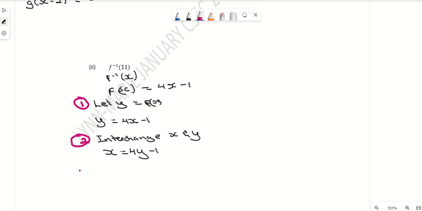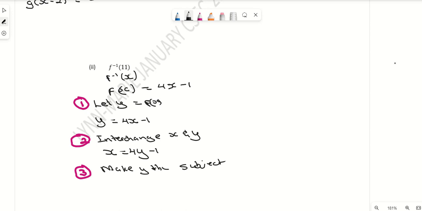And then the third step would be to make y the subject. So this is always how it goes, guys. Unless they use a letter other than x, for example a, that's the only difference. But this is how it would go. You let y be equal to the function in question.